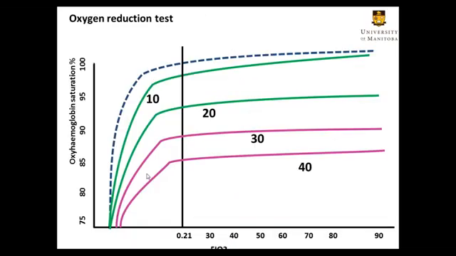If we apply the oxygen reduction test in the previous model, because the ventilation perfusion mismatch in this situation will be severe, and right to left shunt is the extreme of that, the infant requires a high fraction of oxygen, around 90%. So we apply the oxygen reduction.